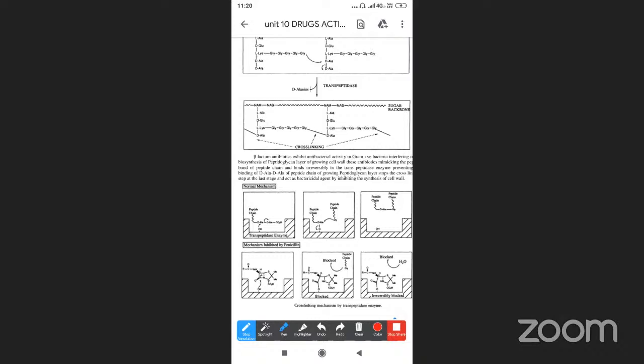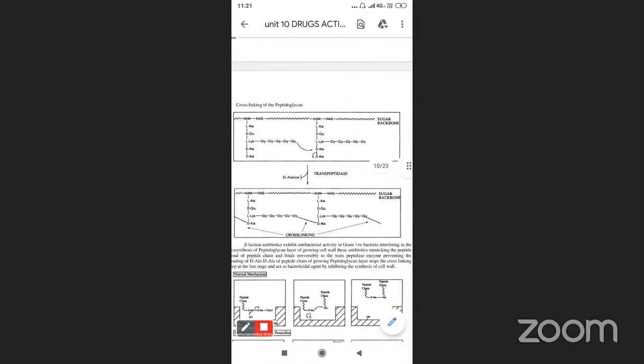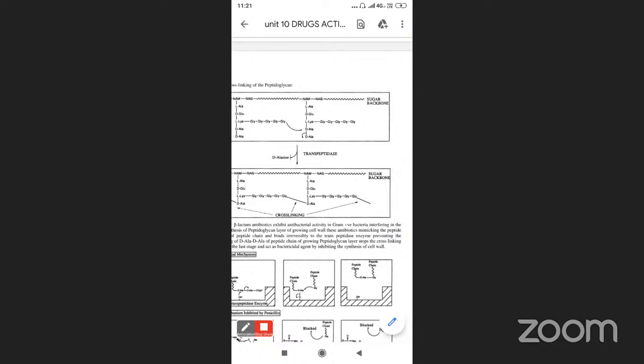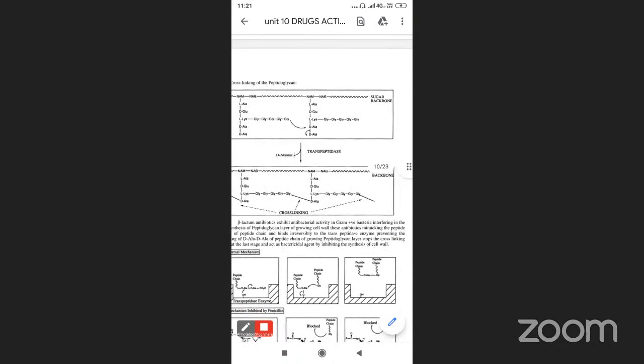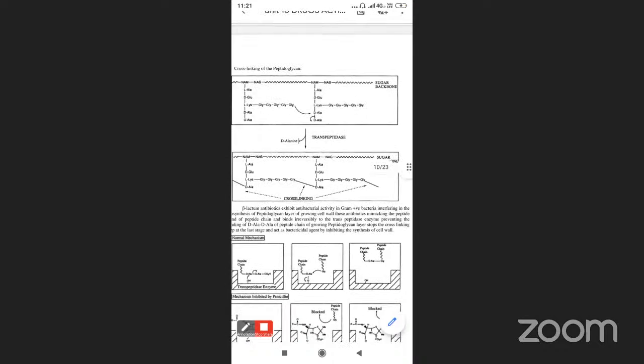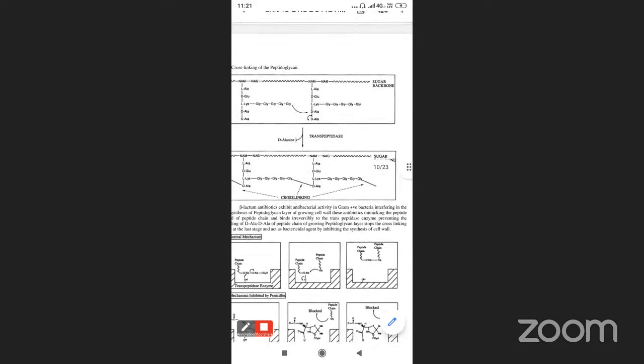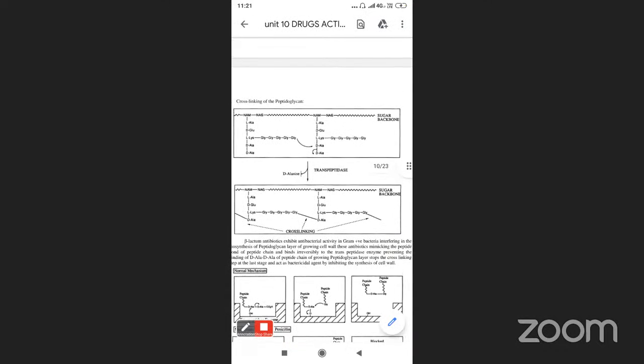Okay. So this is the normal mechanism, right? This is the normal mechanism of how the cell wall preparation takes place in bacteria, either gram positive or gram negative bacteria, you can take any one of these two. But in both bacteria, the cell wall preparation takes place by means of these three steps.